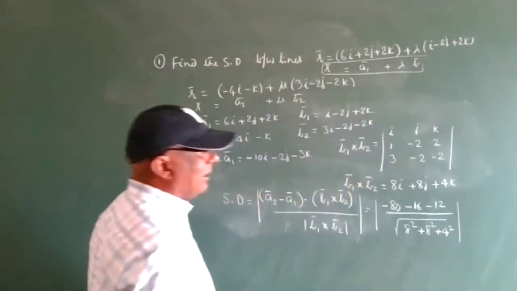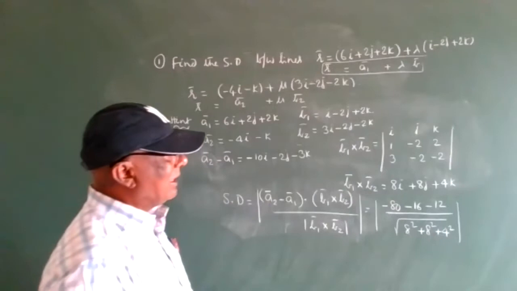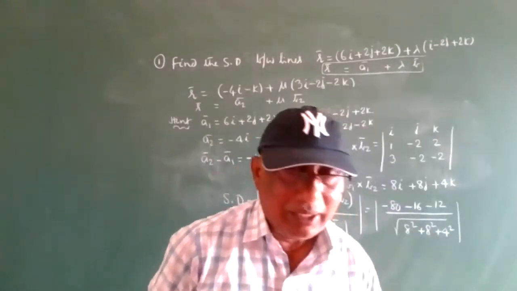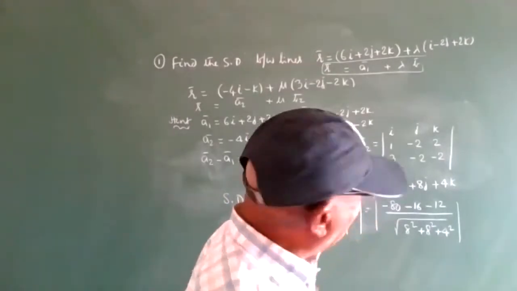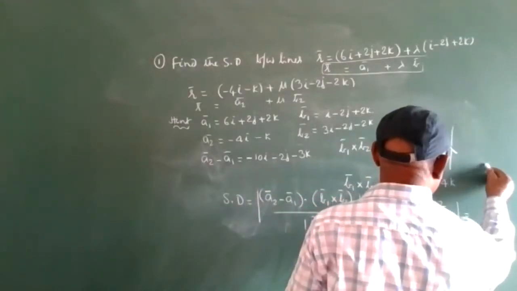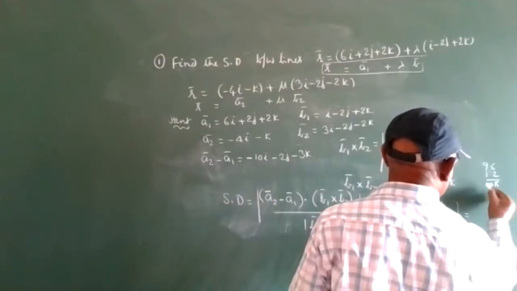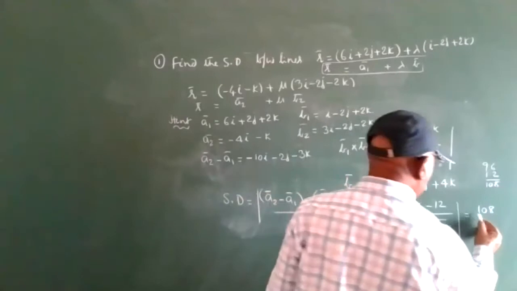Now we can write down 96, 96, 108. Okay, now 96 and 108, we can see 96 plus 12 means 8, and 108, make the negative a positive.